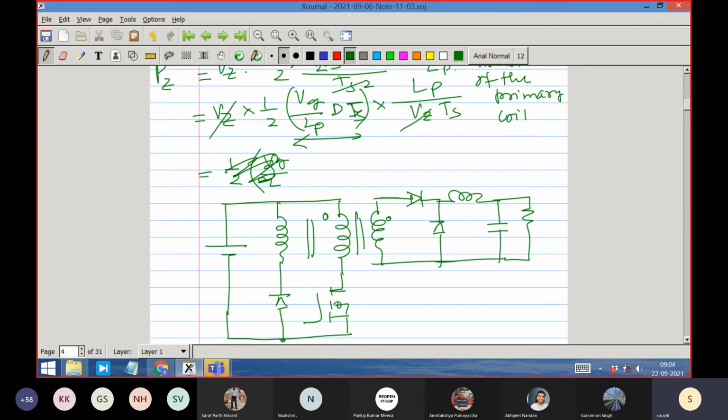The voltage that we wish to generate through the Zener is now obtained through the third coil, and the third coil polarity, you will realize, dot convention will come here. So this is called a tertiary coil.